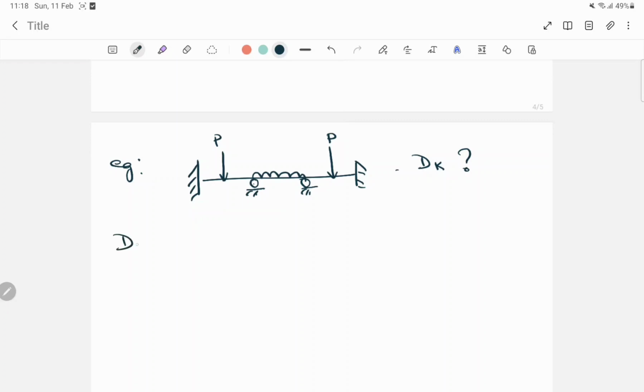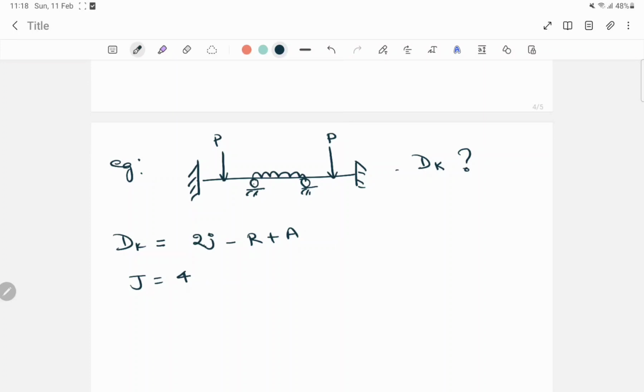So we already know the formula for finding the degree of kinematic indeterminacy, that is 2j minus r plus a. So here in case of this, how many joints? j is equal to 1, 2, 3 and 4.